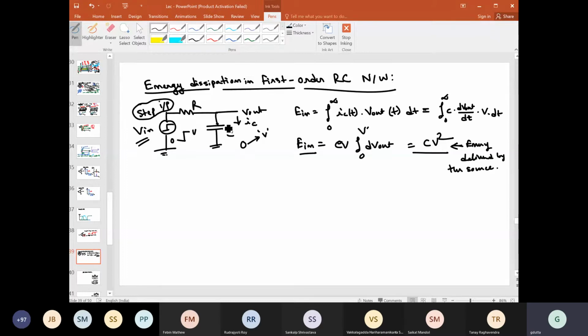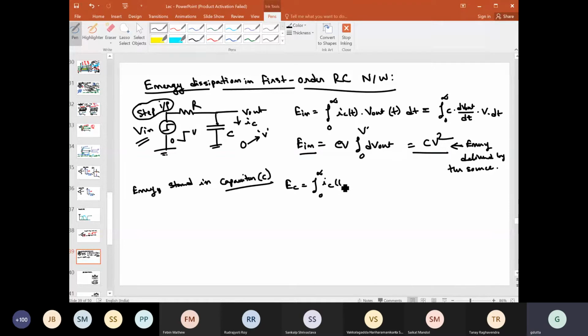So now we are trying to find out how much energy is stored in the capacitor. See, how can you estimate it? It is almost the same way you can do that.